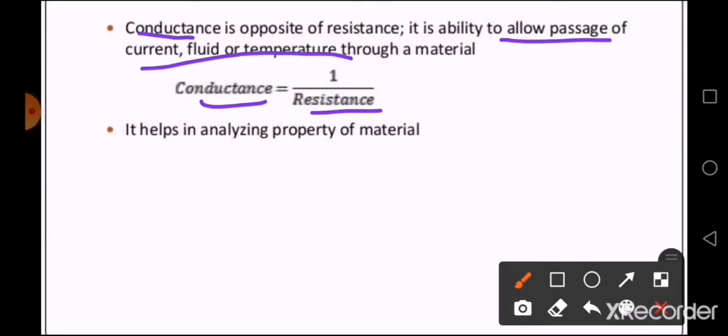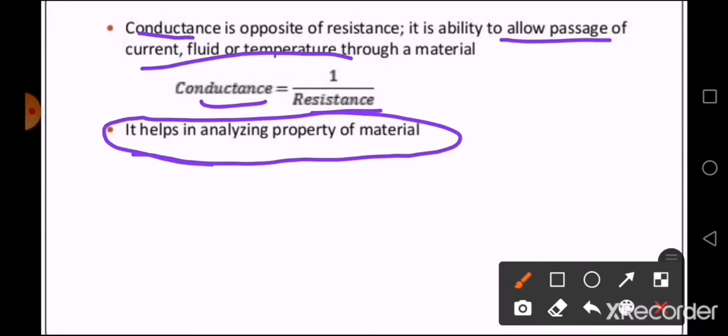So in symbol you can say that conductance is the reciprocal of resistance, and it is a property which allows you to analyze a particular material. To find the property of a material, one factor is finding the conductance of that material. Got it? Conductance is the reciprocal of resistance.